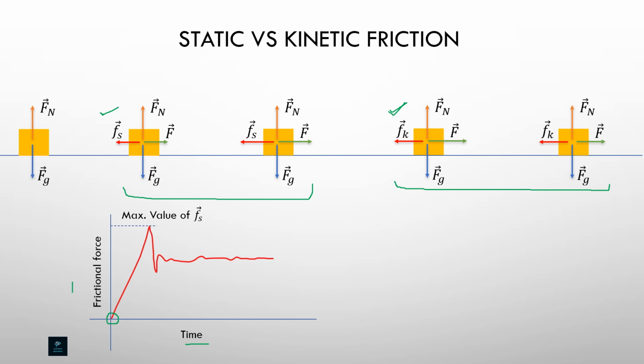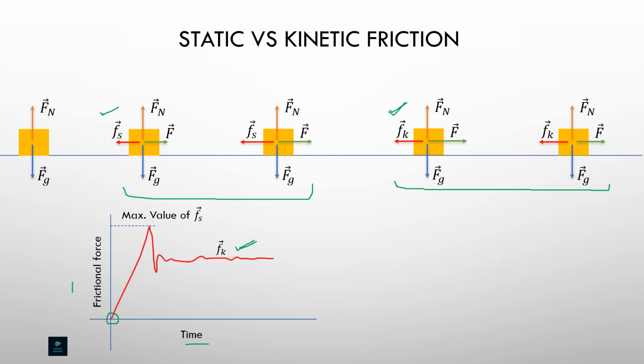This maximum value is the maximum value of the static friction. Any further increase in the applied force results in the breaking of friction. The frictional force then reduces slightly and becomes almost constant, which is equal to the kinetic friction Fk.